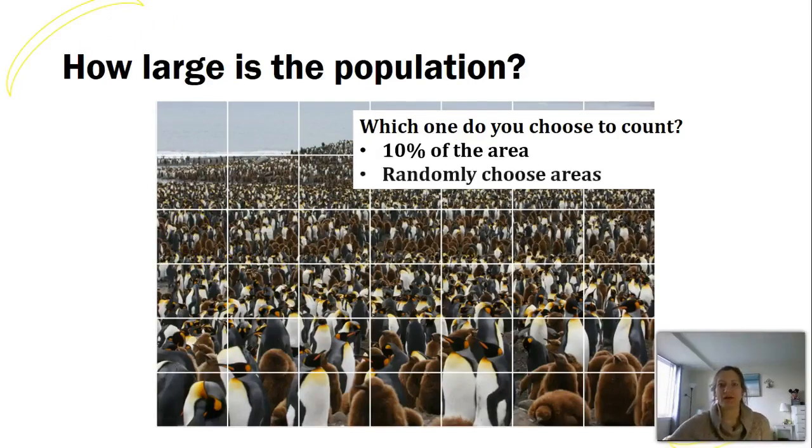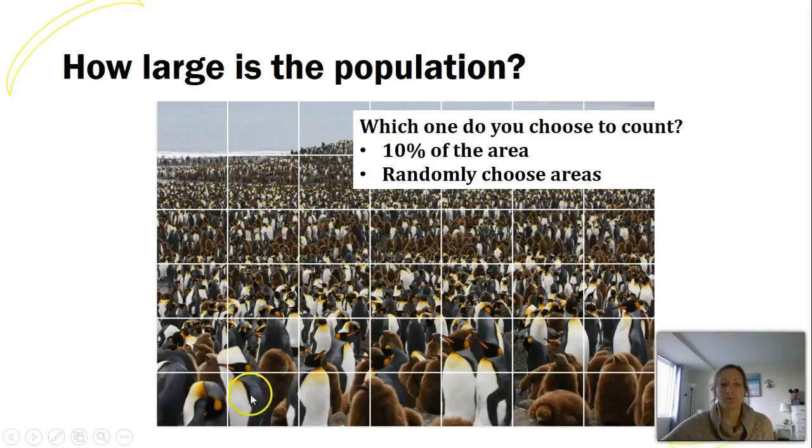Now the boxes you count should be random. I don't want to take the easy way. If I were to count these 5 boxes, that's not going to be really accurate of my ecosystem. If I count these 5 boxes, that also won't be accurate. So what scientists will do, and you've seen me do this, is use a random number generator.